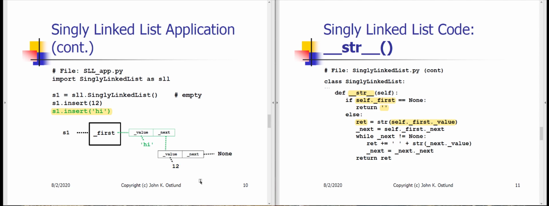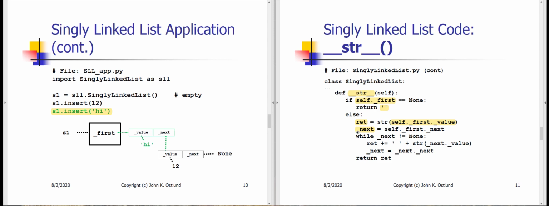Okay, so we're going to start out by converting the first value in the list to a str, and then we're going to use this loop variable _next as a reference to whatever the next node is in our singly linked list.